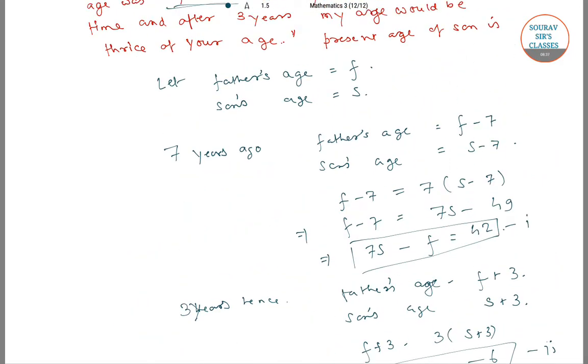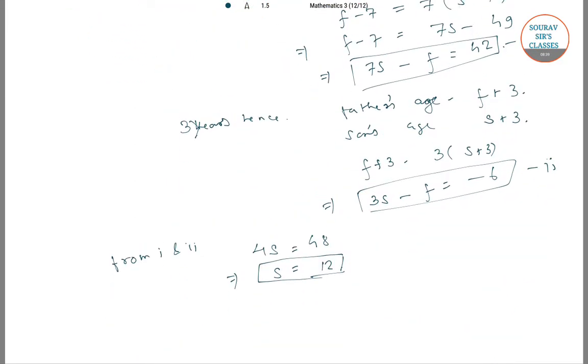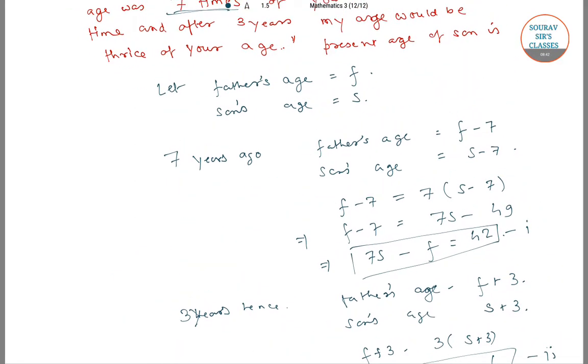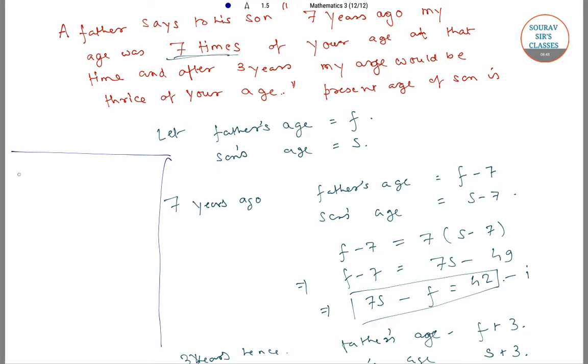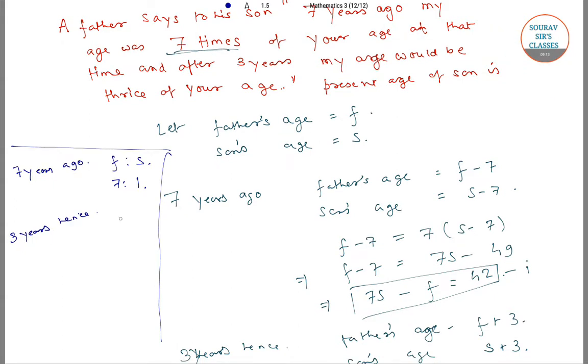Now instead of doing all this calculation, we can find the present age by using a simple formula. From the question, 7 years ago the ratio between father and son's age was 7:1, and 3 years hence the ratio between father and son's age would be 3:1.